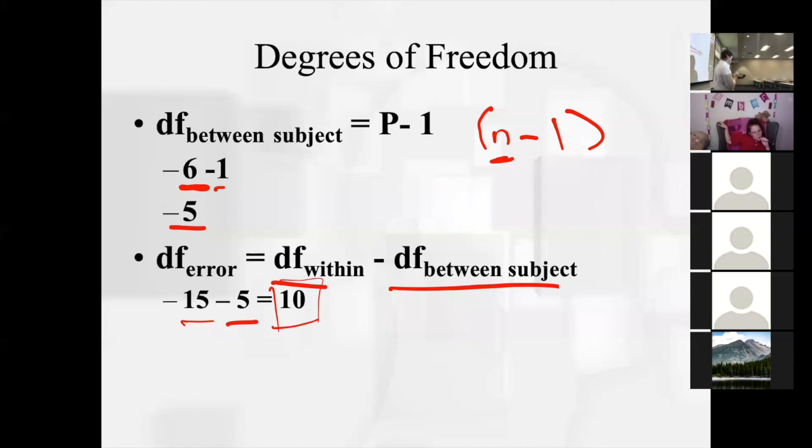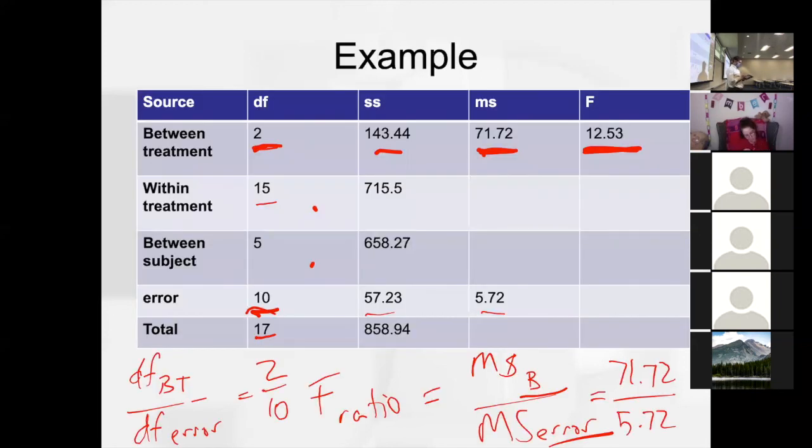And then the degrees of freedom error is just the degrees of freedom within minus the degrees of freedom between subjects, right? So when we look at it here, between treatments degrees of freedom is k minus 1. Degrees of freedom total is n minus 1. Within treatments is n minus k.